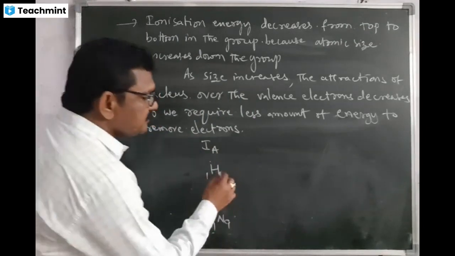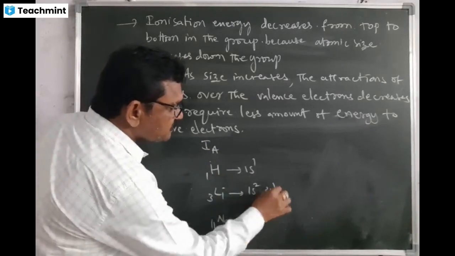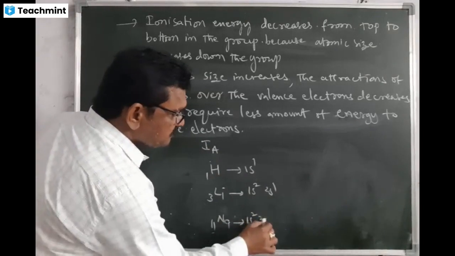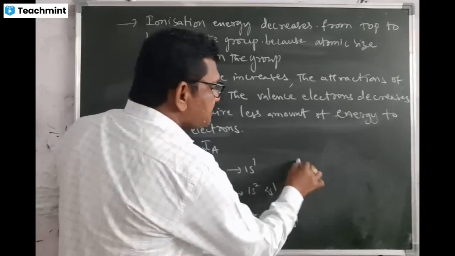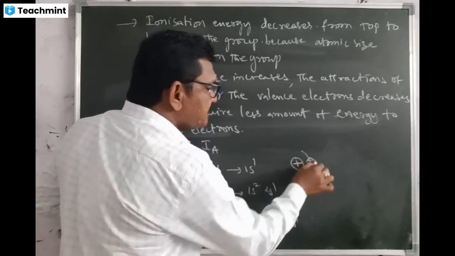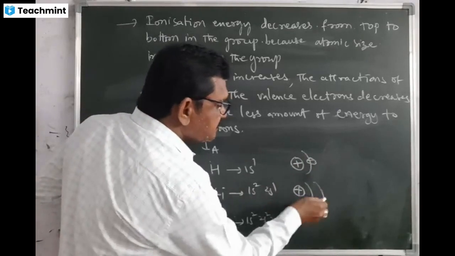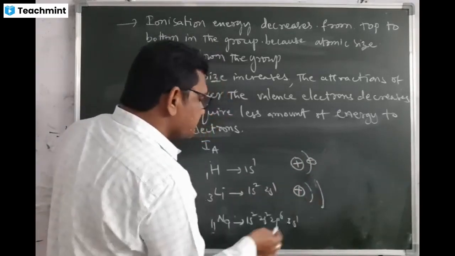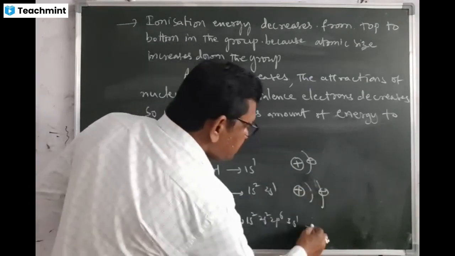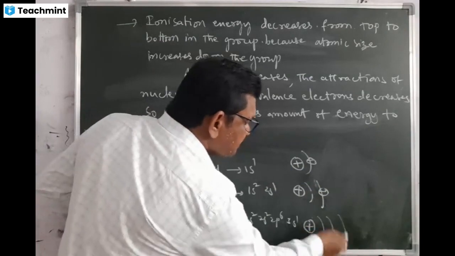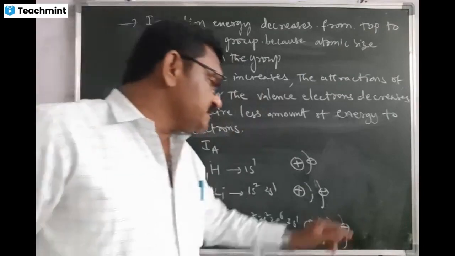Hydrogen's configuration is 1s1, lithium's is 1s2 2s1, sodium's is 1s2 2s2 2p6 3s1. In hydrogen, only the first shell is there. In lithium, there are 2 shells, with 1 electron in the second orbit. In sodium, 3 shells are there, and 1 valence electron is present in the third orbit.